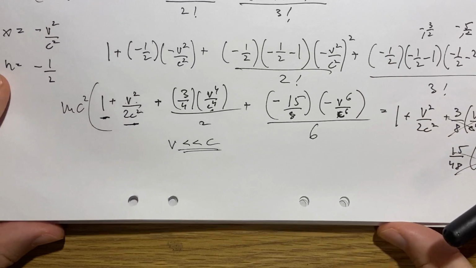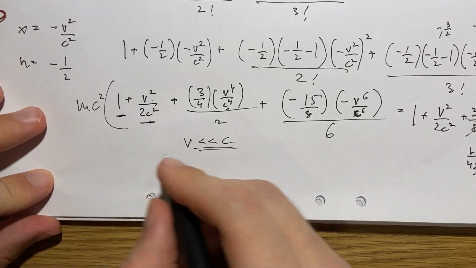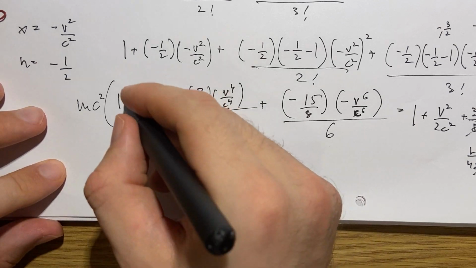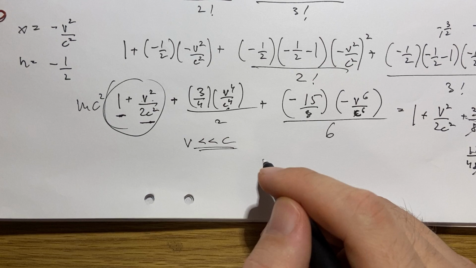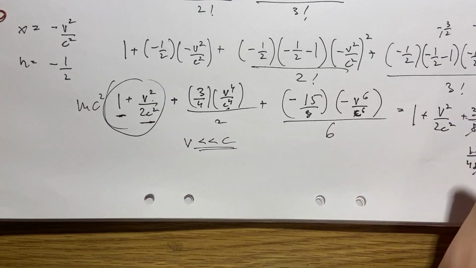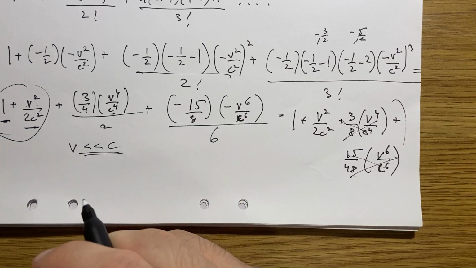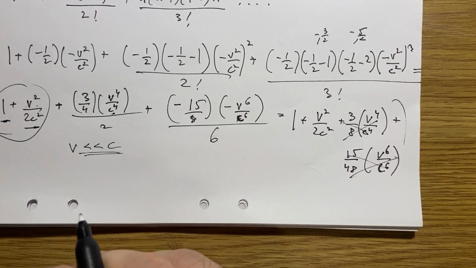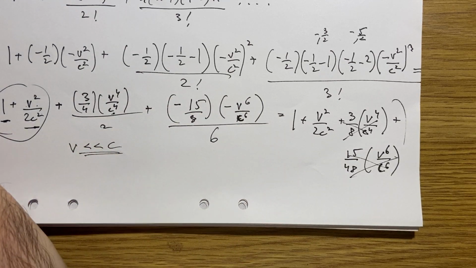So for what we can experience with our own senses, we can only actually include these two factors. The other factors will be very, very small. So the conclusion is that we can ignore all terms with a higher order than v squared over c squared.